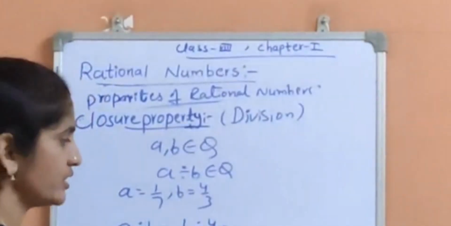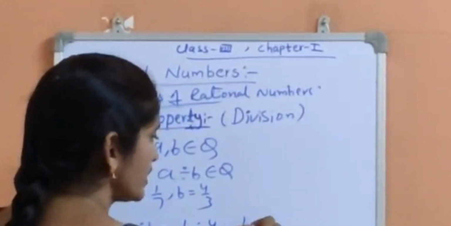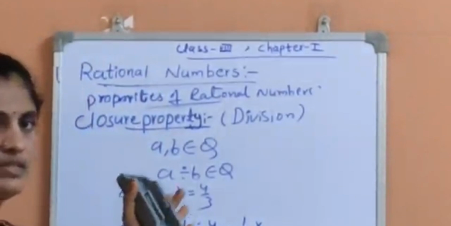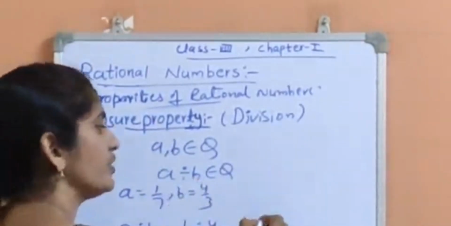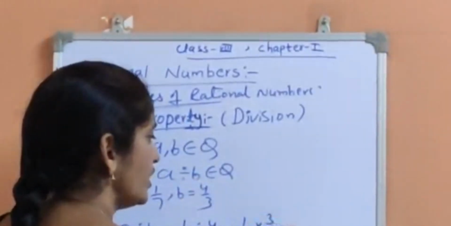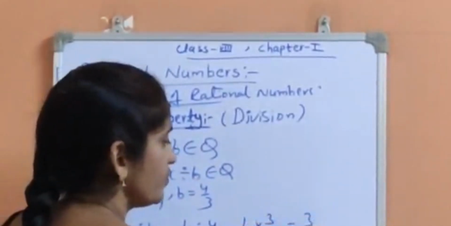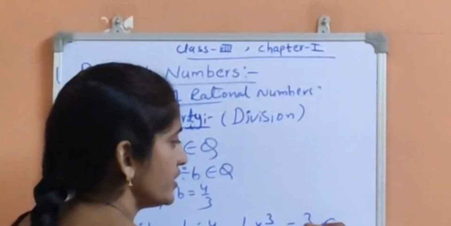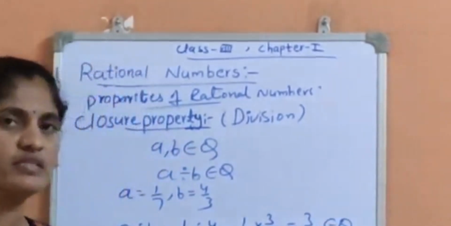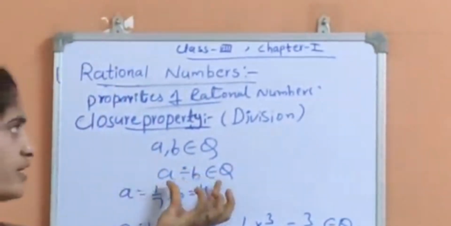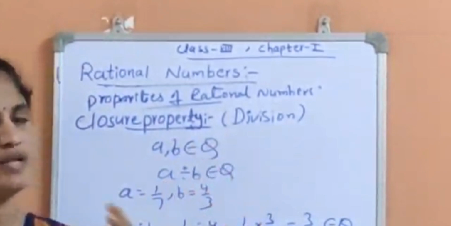In fraction division, the first fraction remains the same, the division sign converts to multiplication, and I take the reciprocal of the second fraction, 3 by 4. So 1 3s are 3 by 7 4s are 28. This also belongs to Q. By this we can generalize that closure property under division is possible in rational number system.